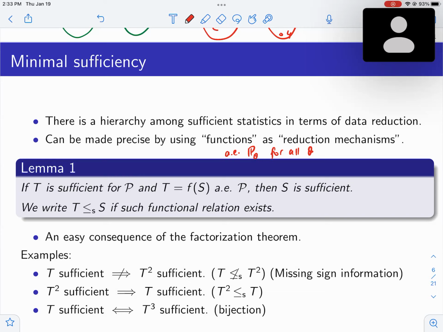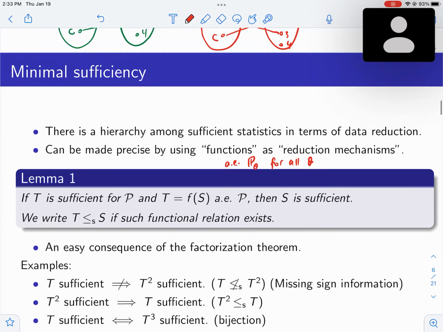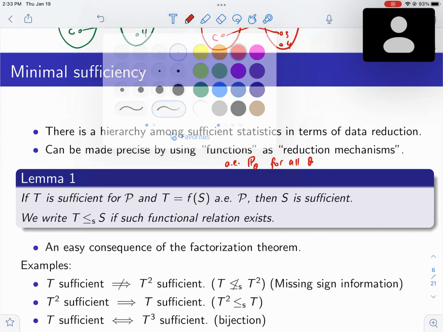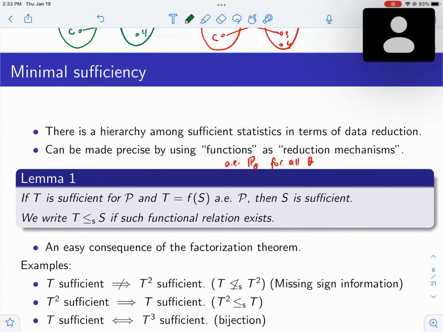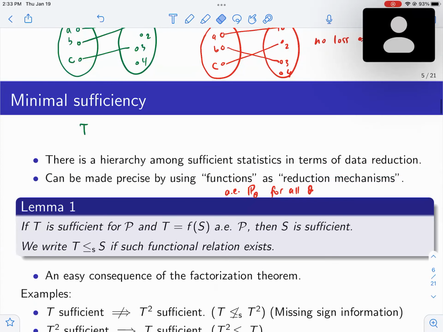Yes. So you say almost everywhere for the probability measures. Does that mean that we put a prior on theta? No, what I mean is, T is a function of X, let's say, right? X is a random variable, and S is also a function of X, and X has a distribution.